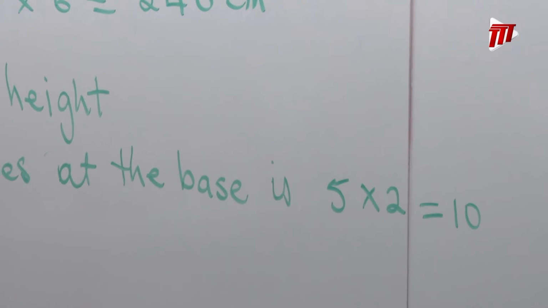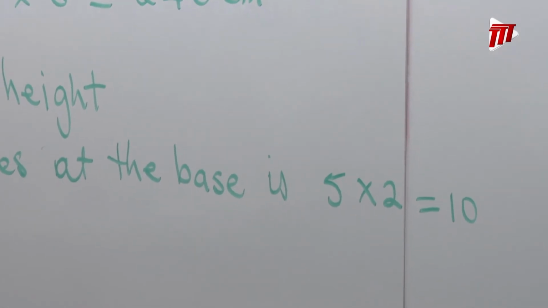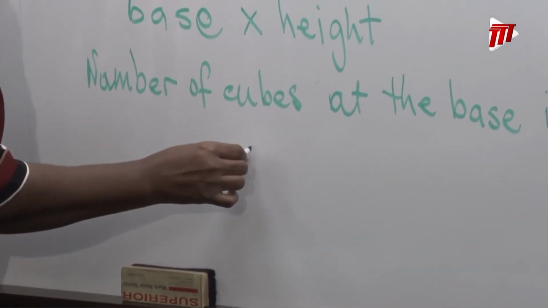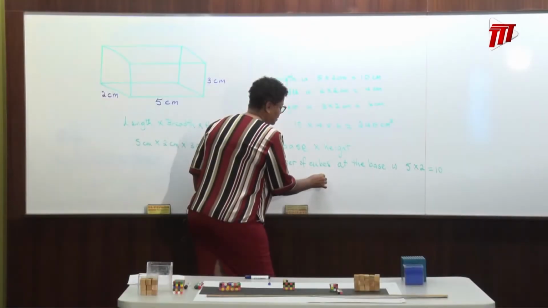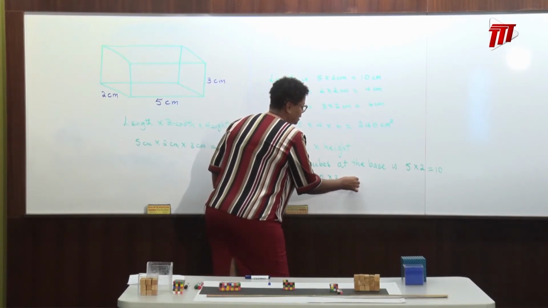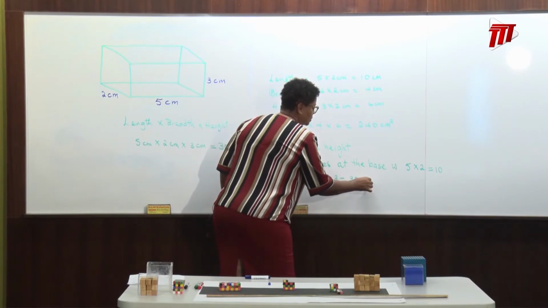And we have 3 layers of cubes. So the height would be 3. So it would be 10 multiplied by 3, which is equal to 30 cubes.